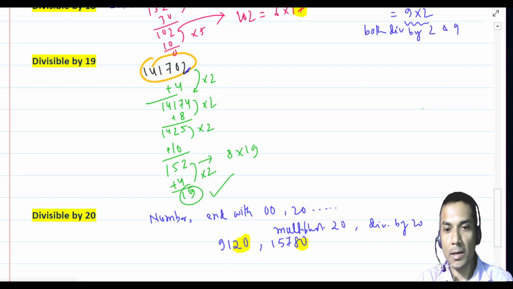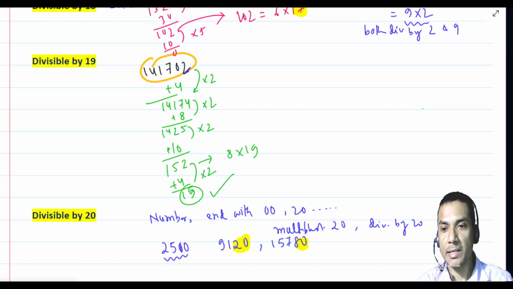Also, if the number ends with 00, like 2500, it is also divisible by 20.